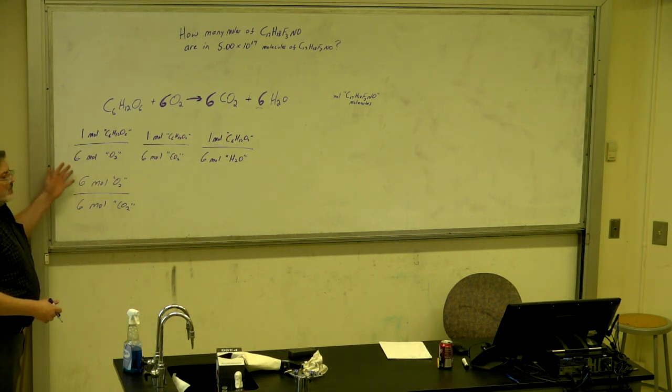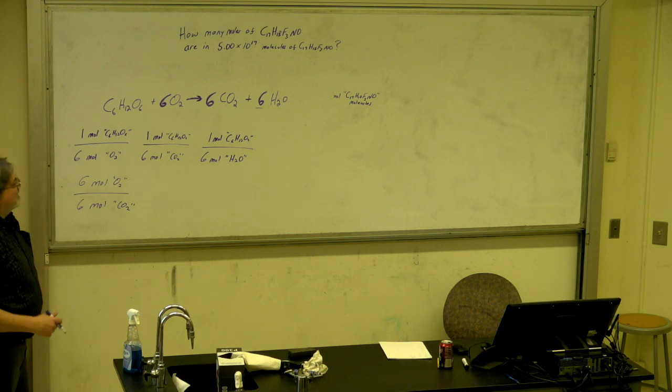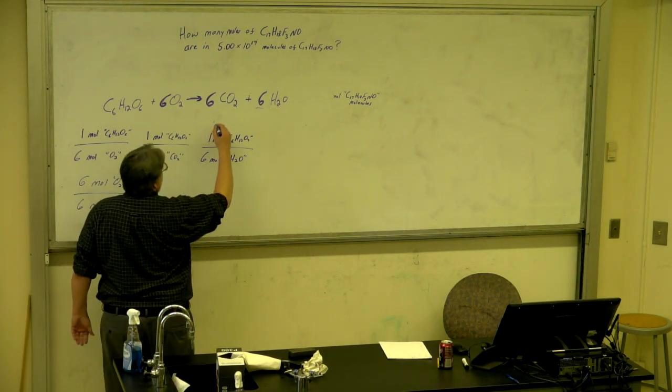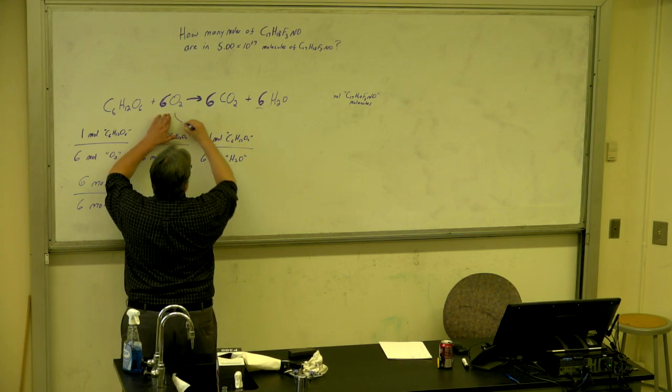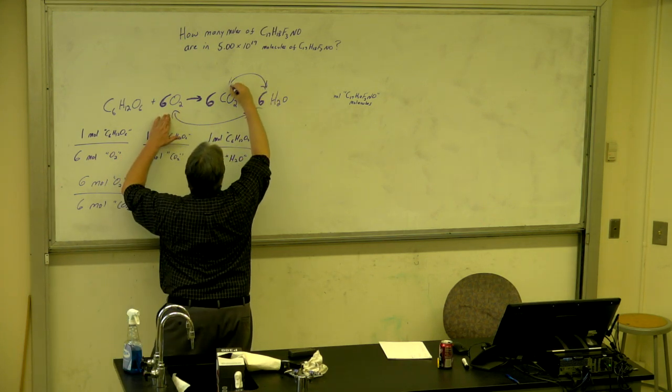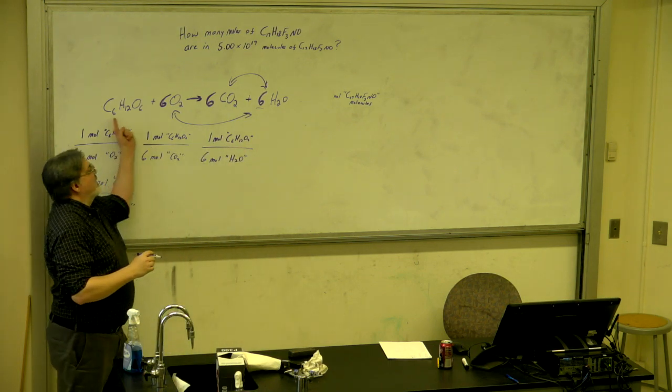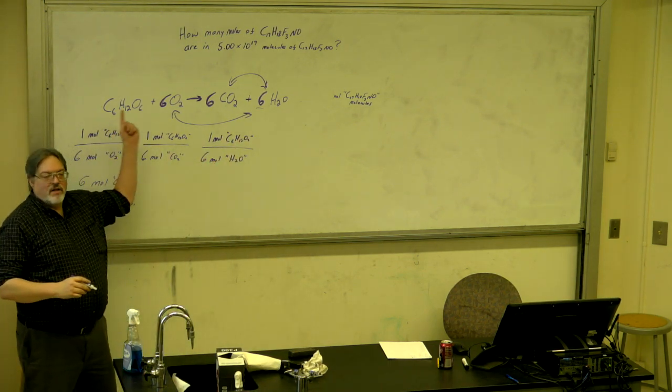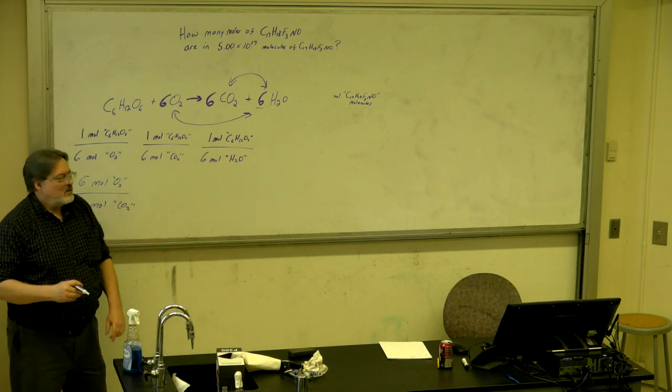Yeah, you could just do it 1. You could cancel the 6s. But that's the idea. And there's 2 more. These 2, I can still write, and these 2 I can still write. There's 6 relationships buried, summarized in that chemical equation.